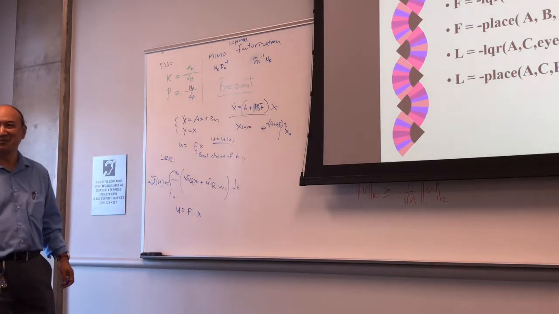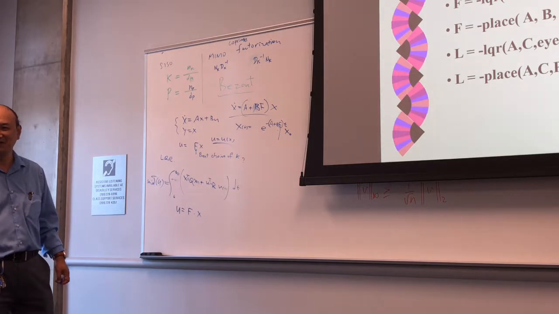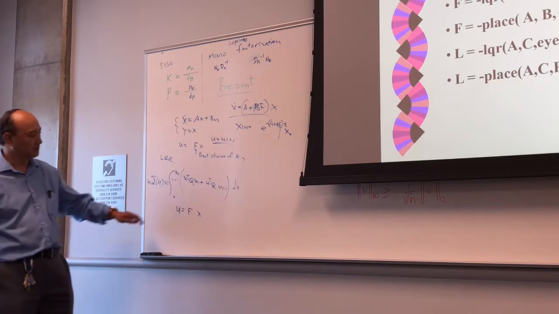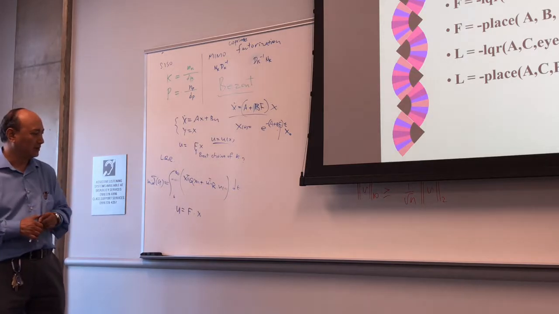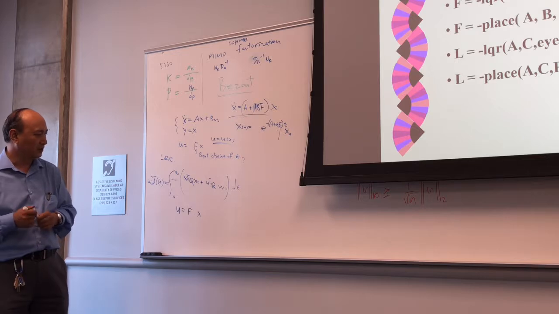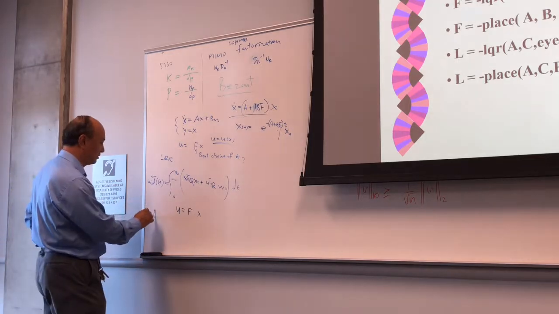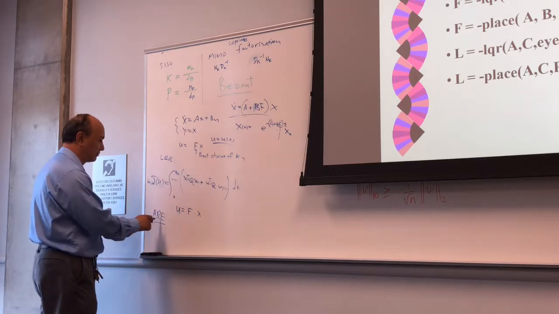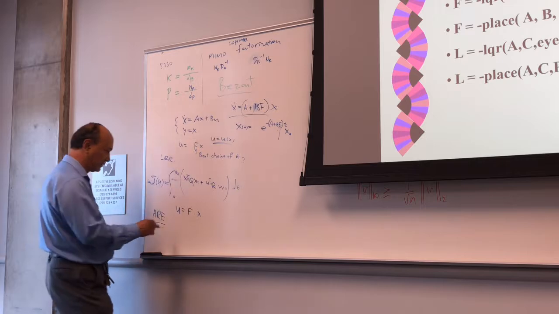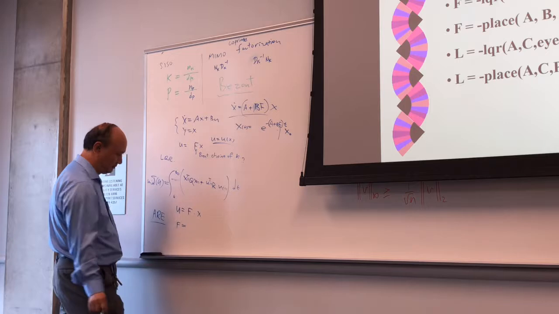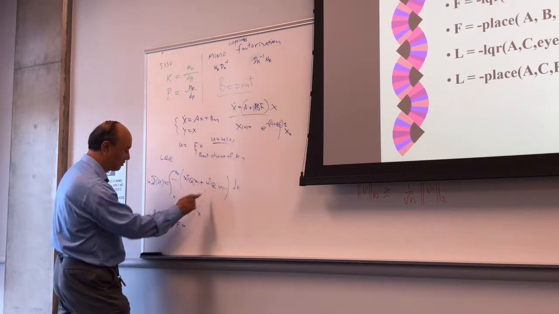There's a pretty lengthy derivation from calculus of variation, so we're not going to talk about this. For LQR, you need to solve the algebraic Riccati equation to get this. This is linked to the R inverse.